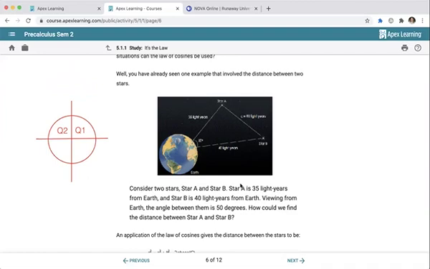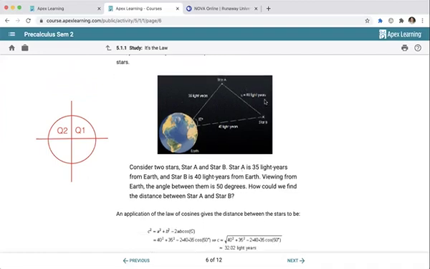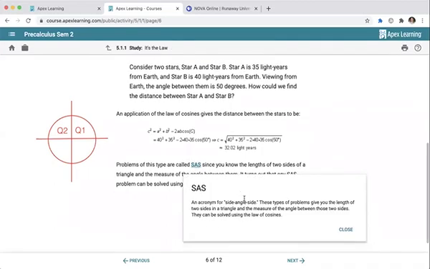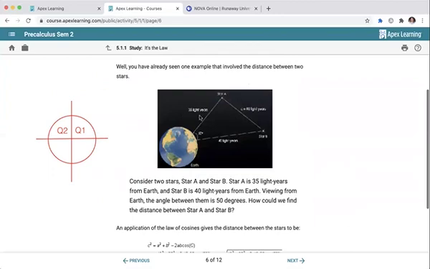Obviously we already did this problem here, and we know that we have to use this equation here. Problems like these are called SAS, which stands for side angle side. We knew a side here, we knew our angle, and we knew a side.